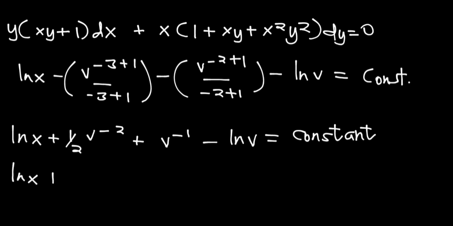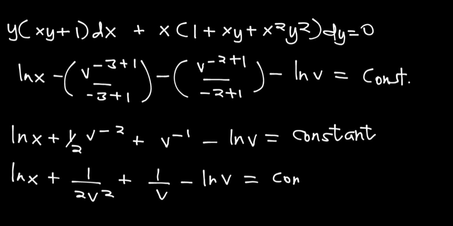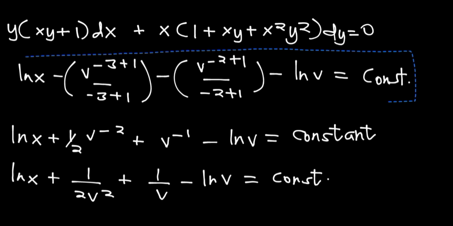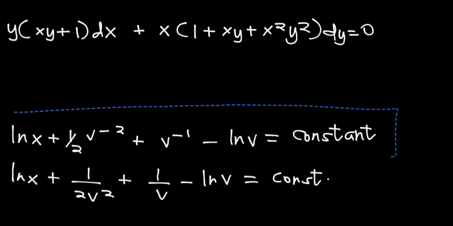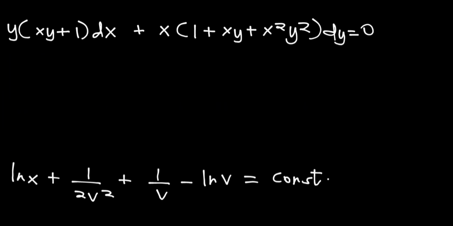Now this can be changed. So this is ln x plus 1 over 2. Now I might not really want to write it that way. We could just write it as 2v squared, and this is plus 1 over v minus ln v, and this is equal to a constant. Now we already know what v was. v was given as y multiplied by x.